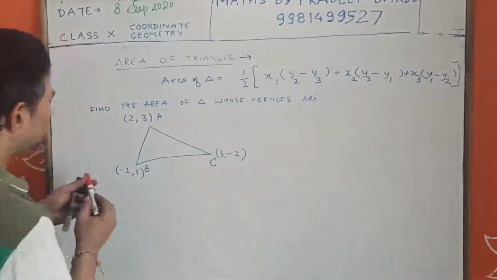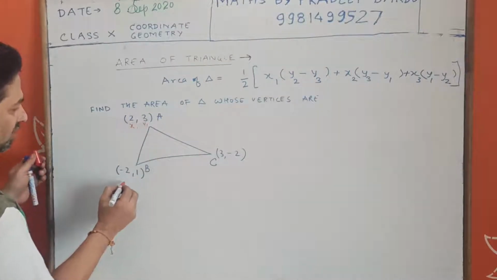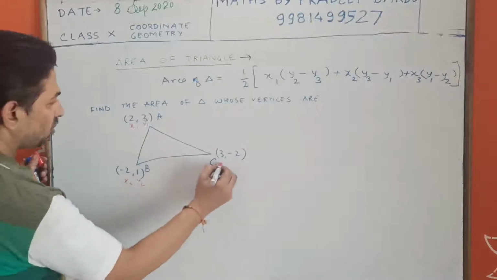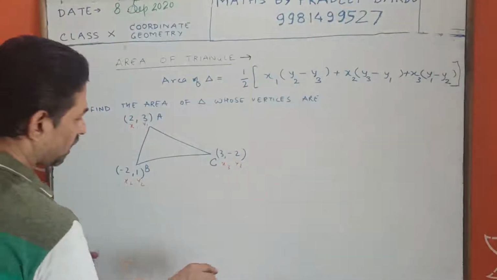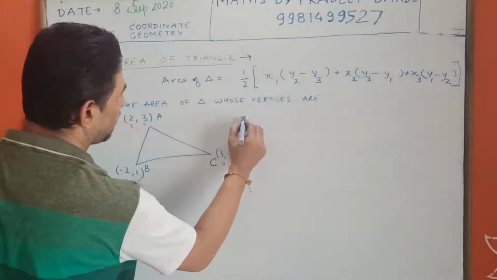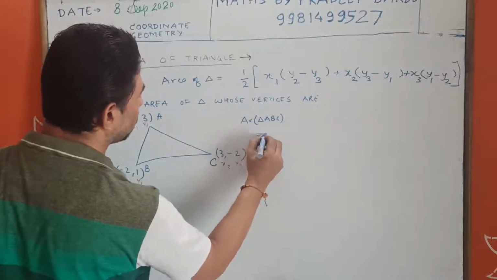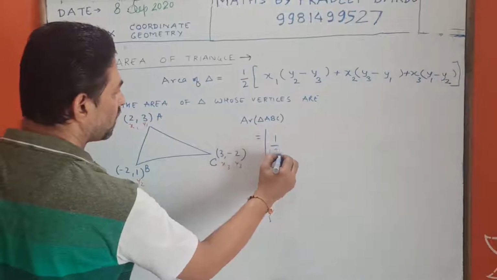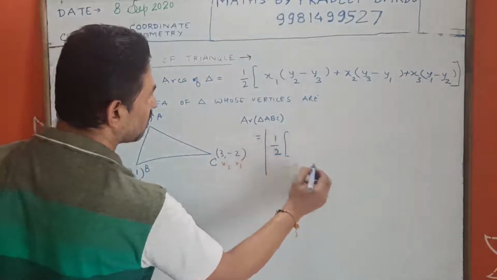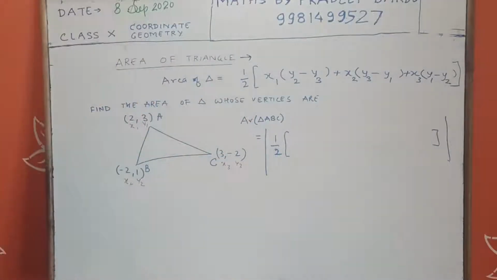Now x1 y1, x2 y2, x3 y3. Let's put all the values. Area of triangle ABC is equal to absolute value, then half, big bracket, absolute value close.